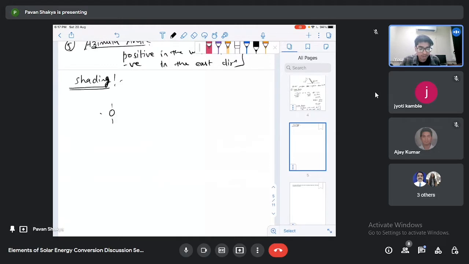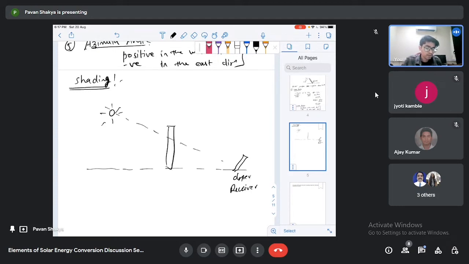Suppose this is our sunlight, and there is an observer or receiver. If anything like a building or a tree comes in between this sunlight and this receiver, there will be shading.